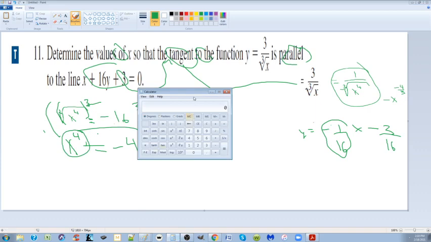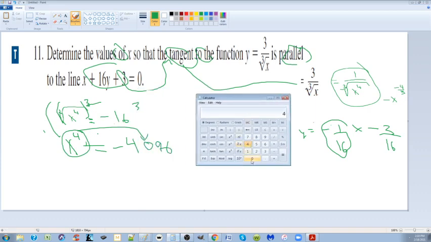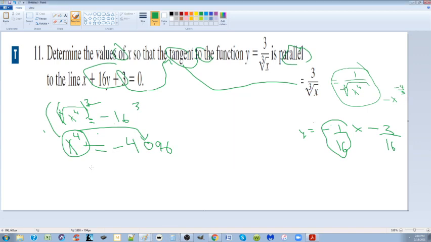Just out of curiosity, I'm going to take 4,096 and see if it has a cube root. And it does, it's 8. So I believe what I'm looking for here is 8. I can see all my x values are going to be above 0 because I can't have a negative down there. I can't have a 0, so all my x values must be bigger than 0.